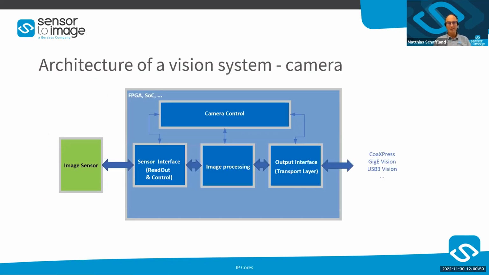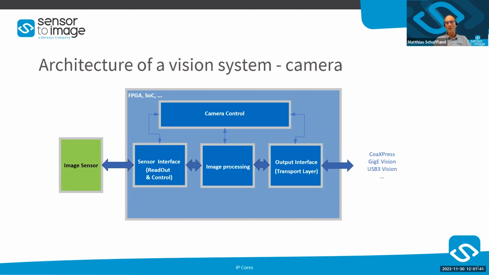Okay, what does a typical camera system look like? We have an image sensor, one or even more, which is connected to a processing unit. That could be an FPGA, an SoC, maybe different things as well. Within that processing block, you need an interface to the sensor. Some SoCs have MIPI interfaces, for example, or for other sensors you might have an IP core to do that, followed by some image pre-processing, pixel detection, defect detection, something like that.